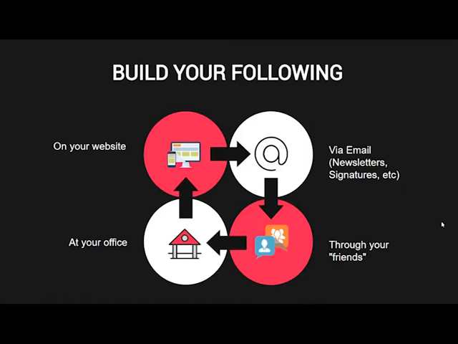You've got friends, right? And I'm not talking about the friends that you have dinner with. I'm talking about the friends that are on your social channels. So if you're on any other social media outlets, Facebook, Twitter, YouTube, ask those people to follow you on Instagram. Especially your Facebook followers.